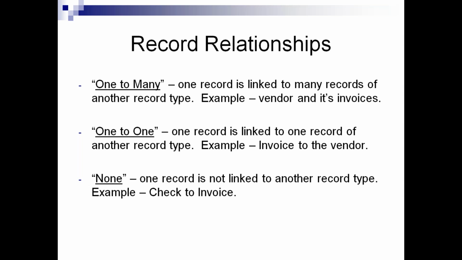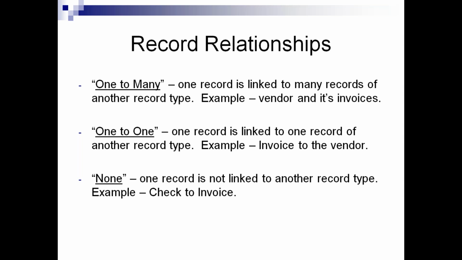The record relationship one-to-many, AP is a good example of that because you will have a vendor that's going to have potentially multiple invoices. So you need to recognize that each vendor could have multiple invoices, multiple distributions, multiple checks, multiple payment records that go with that, versus the one-to-one relationship, which goes the other way.